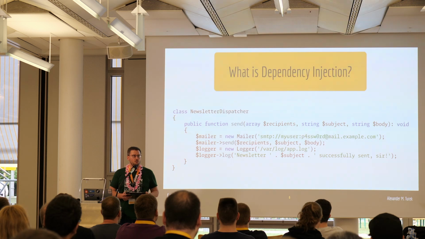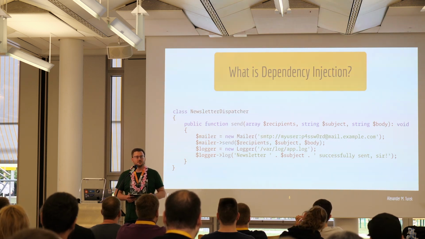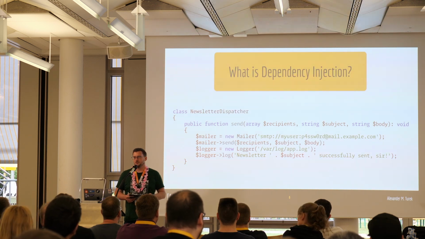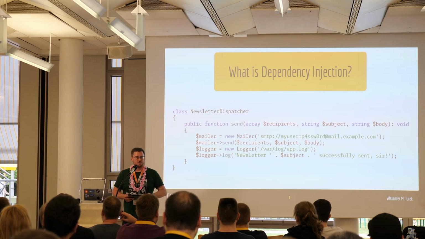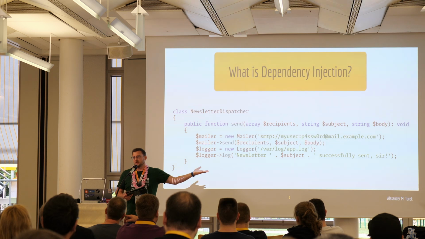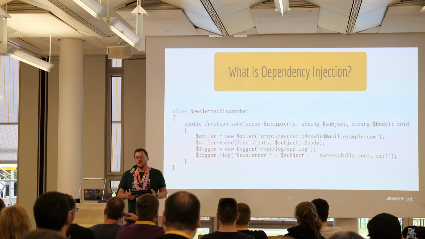I need to know where the log file is placed. This is also a bummer because maybe at some point I don't want to log into files anymore. I want to log somewhere else. And even if I log to files, maybe I want to put those logs somewhere else. So I have to change a lot of code to adjust this.